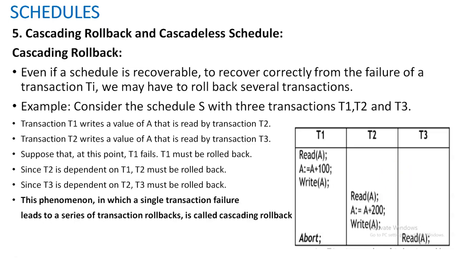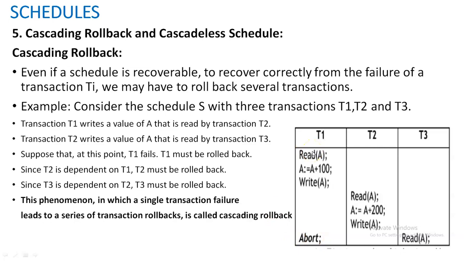To go to the original state, we do a rollback operation. Only this is called cascading rollback. So now T1 has done a process. Depending upon the last write of T1, T2 has started a process. After writing A in T2, depending upon that, T3 has done an operation. After T3, T1 has aborted its operation. Once T1 aborts the operation, it will be rolled back to the original state.